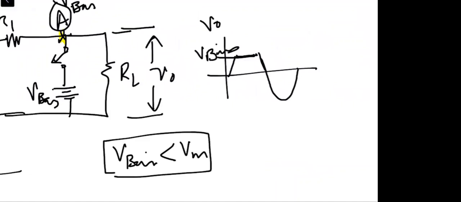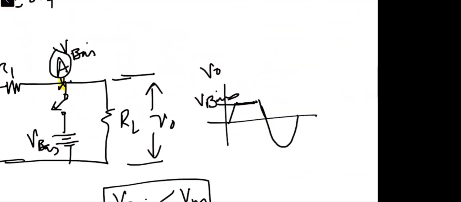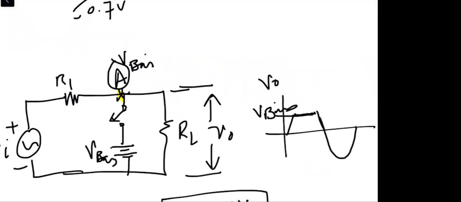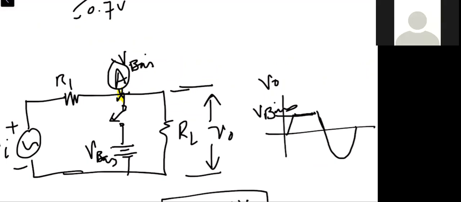But now in this specific case, we will be considering the diode as a practical diode. Previously we said that once the value at point A reaches V bias.